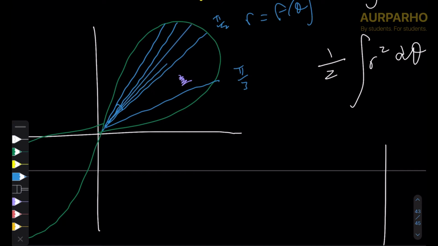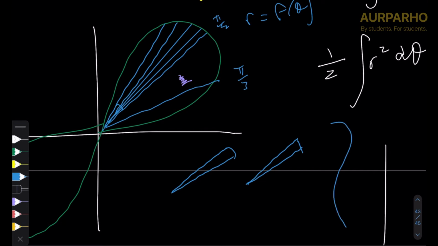If I chop a curve into very, very fine sections, what I eventually get is some sort of a sector, or even what you could call a triangle, right? You would agree, because any curve, if I take very, very small values, would be some sort of a sector or a triangle, right?